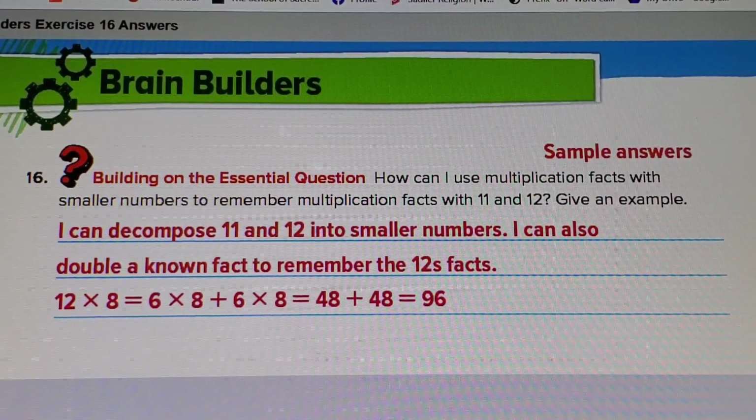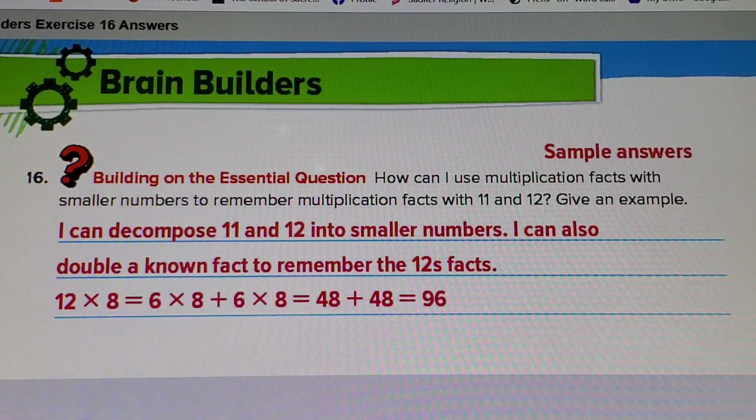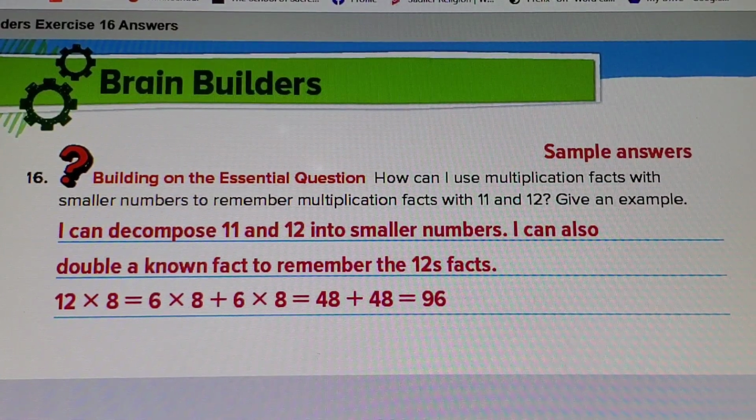You can decompose 11 and 12 into smaller numbers. You can also double a known fact to help remember the 12s. So 12 times 8 equals 6 times 8 plus 6 times 8. And 6 times 8 equals 48 plus 48, which equals 96.